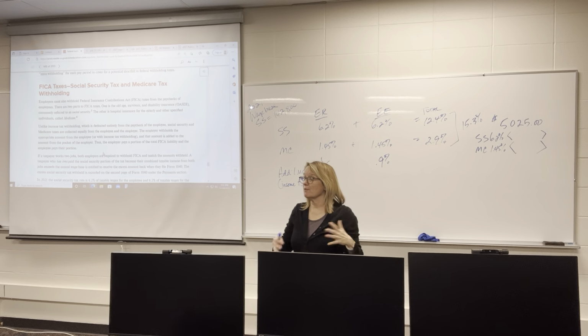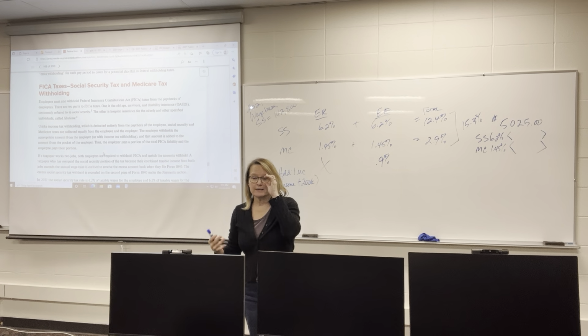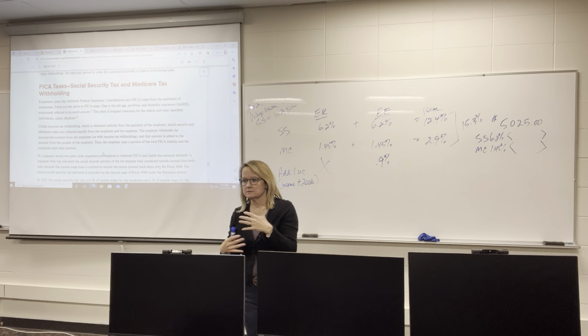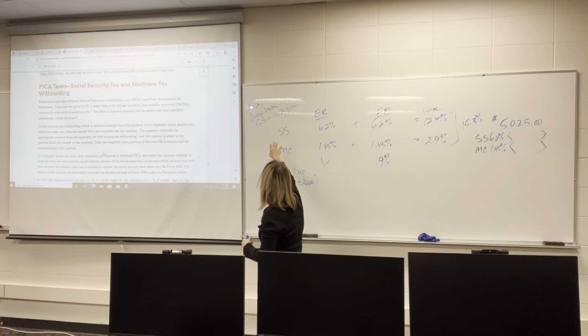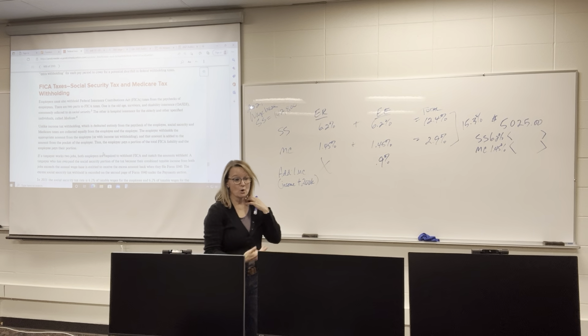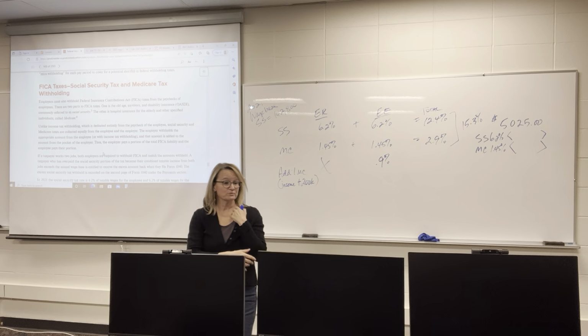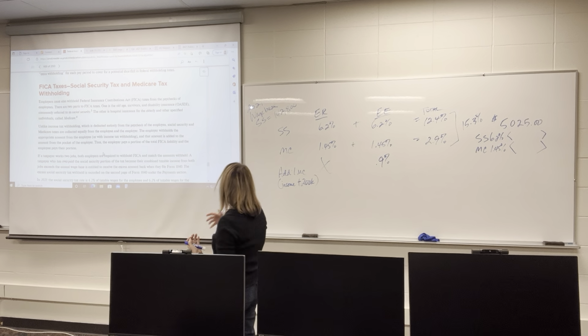So all income, all earned income during the year, and again, earned income is income that is subject to Social Security and Medicare tax. So it would include wages, bonuses, commissions, wages from one job, wages from 12 jobs, all of them together, right?